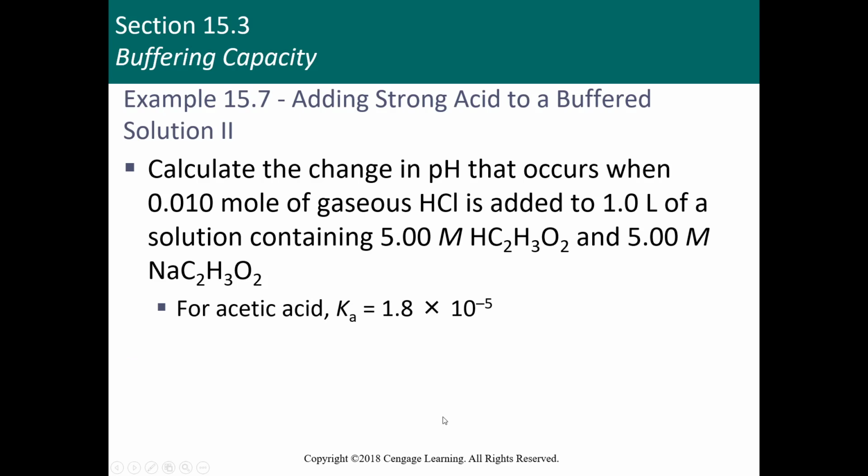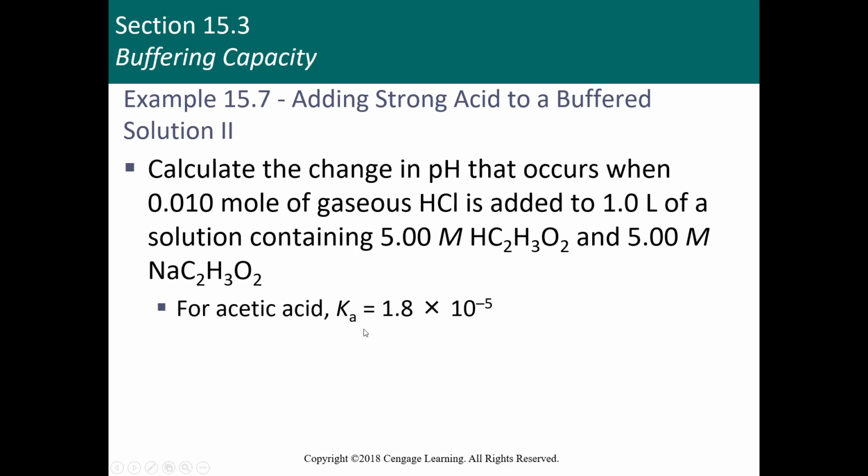Okay, let's look at this. Again, another problem. So let's calculate the change in pH that occurs when 0.01 mole of gaseous HCl is added to 1 liter of a solution containing 5 molar acetic acid and 5 molar sodium acetate.